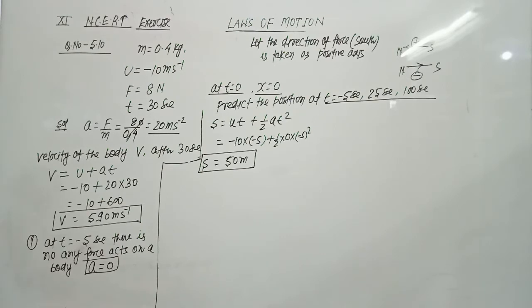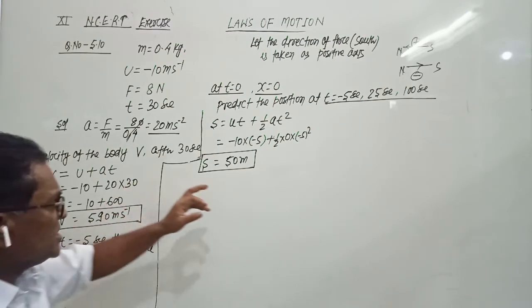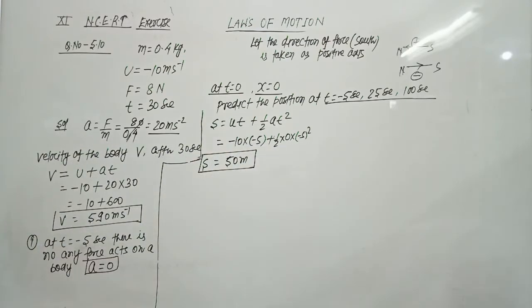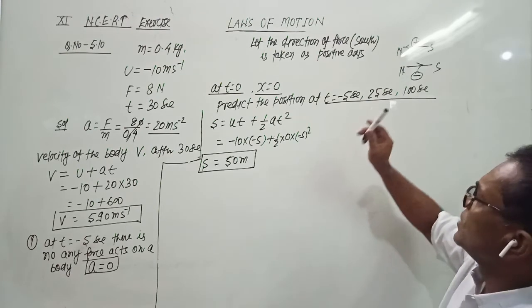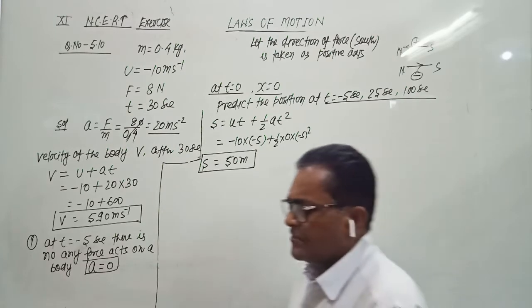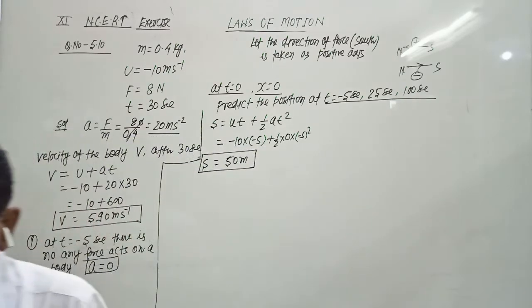At time t equals 25 seconds, there is a force acting on the body, because it is given that from time 0 to 30 seconds, the force is acting on the body.